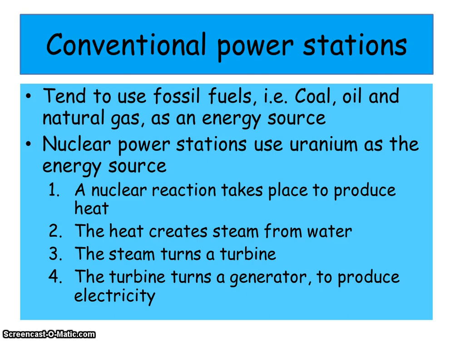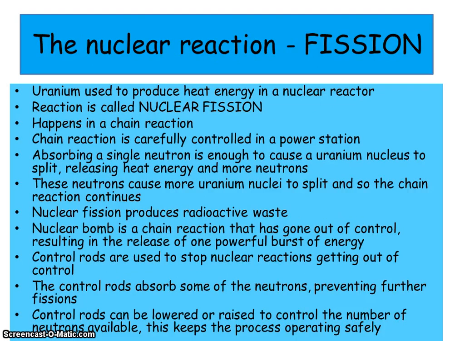So the process is all exactly the same, apart from the initial fuel and how it releases the energy. Coal is burnt through the combustion process and releases the energy that way, and a radioactive substance works in a slightly different way. It works through this process called nuclear fission.